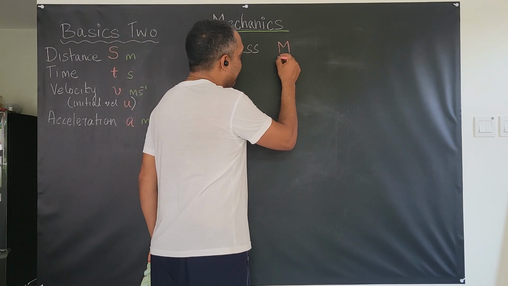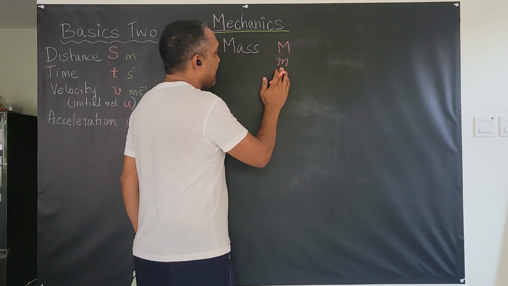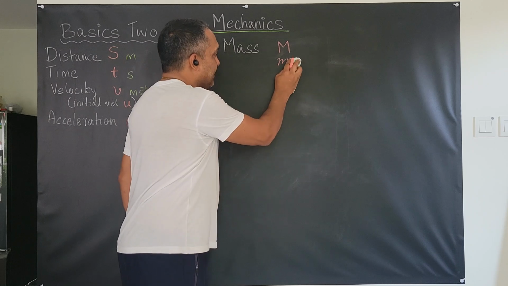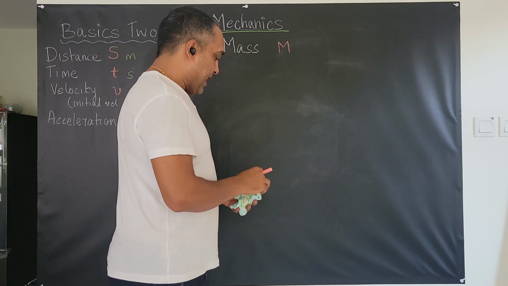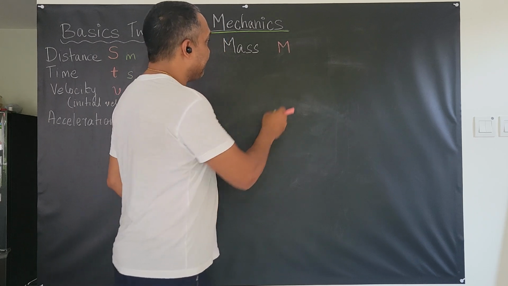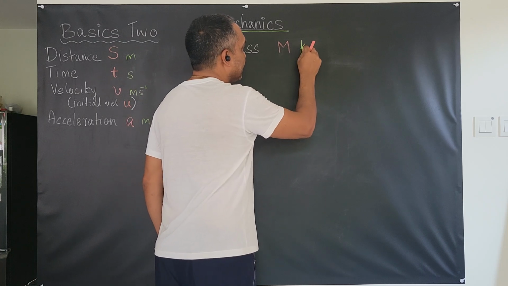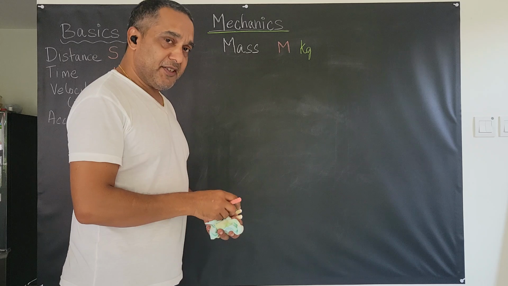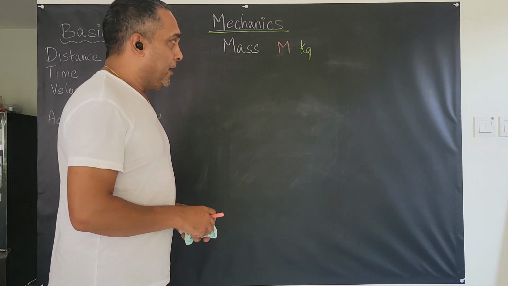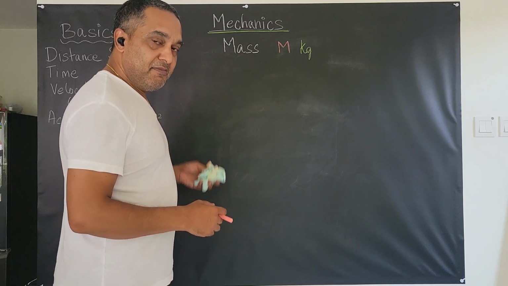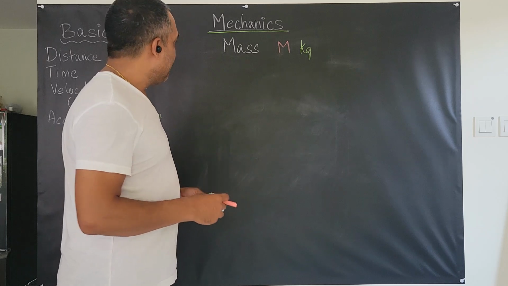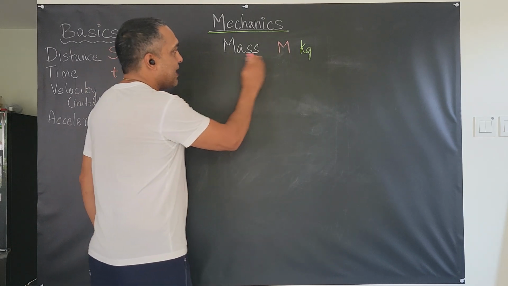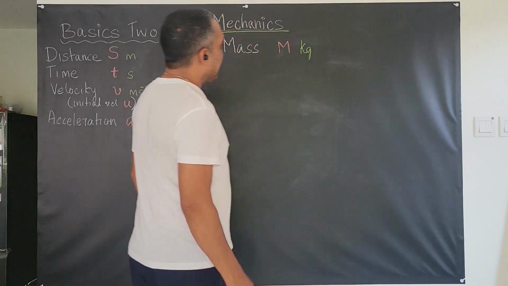A cursive lowercase would work, but in this case, just for simplicity, I'll use uppercase M for mass, and its unit typically is kilograms, kg. Now remember, I'm using the metric system everywhere, so I'm not using pounds or feet or those kinds of measures. It's meters and kilograms, right? So mass, how much of an object is there? And let's see what we build with it.